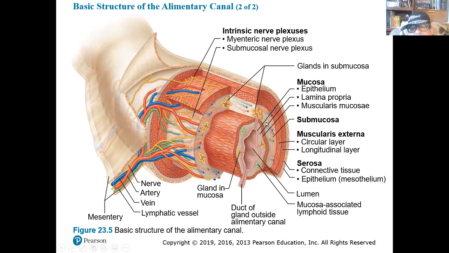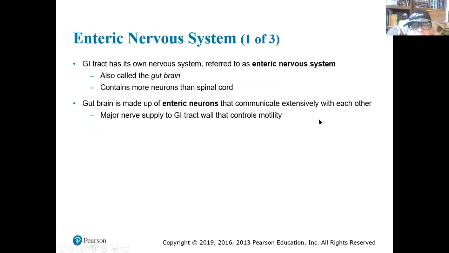Sorry, we have four main tunics. I should have gone back to that slide. Those are four layers or tunics. The submucosa is one of the places we have a lot of these nerves.